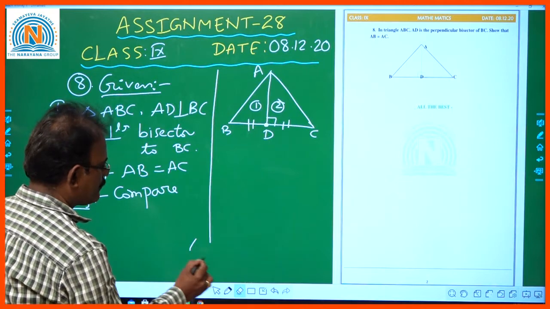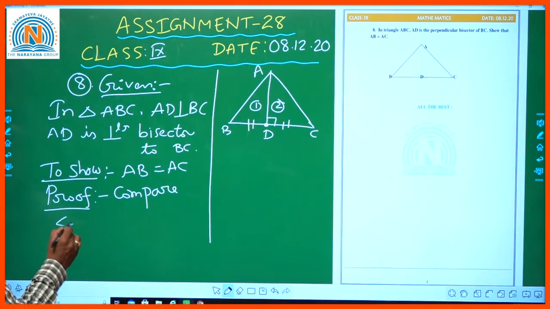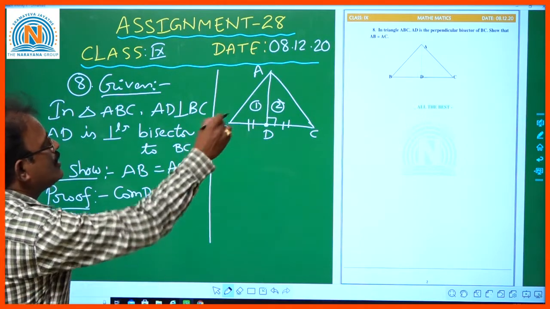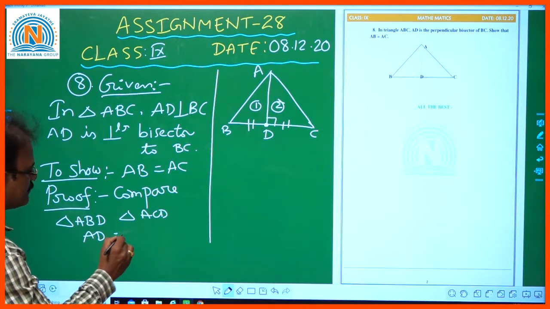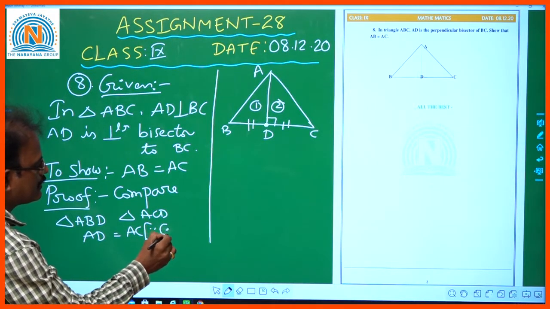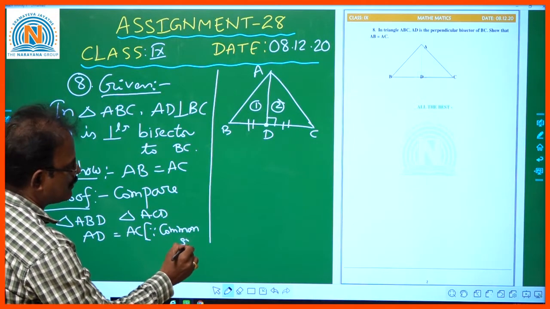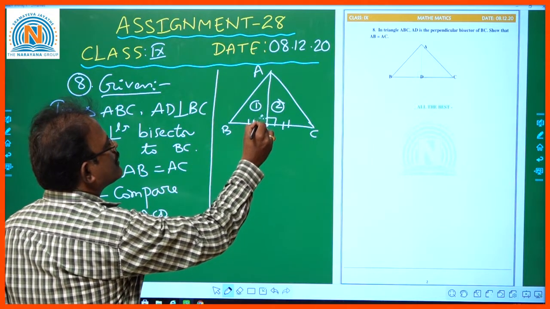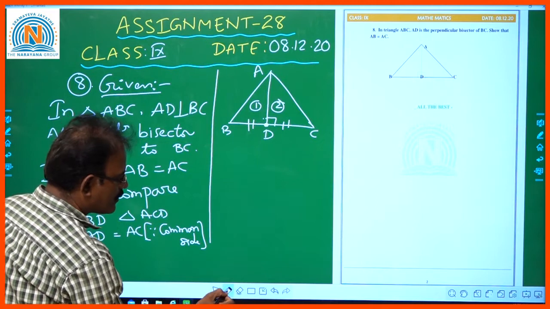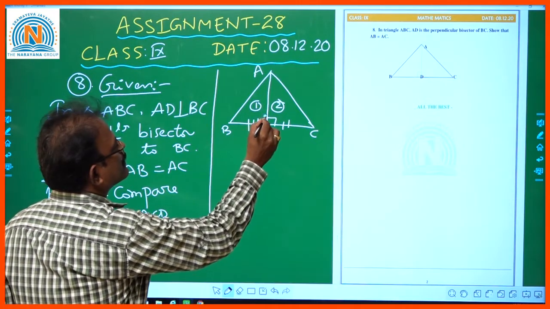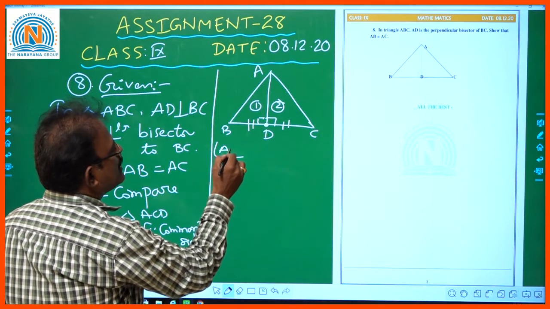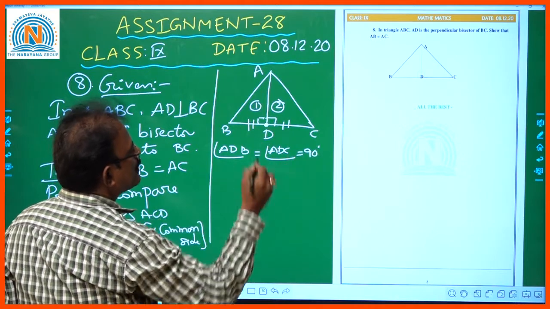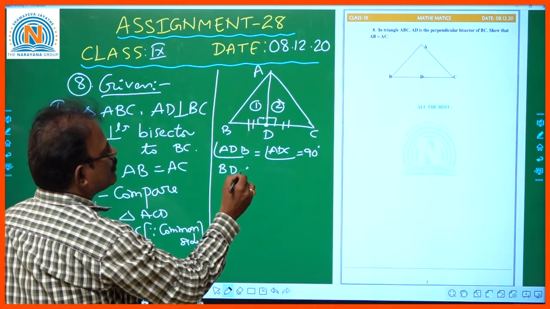Let us see. Triangle ABD, triangle ACD. So, AD is equal to AD, since it is a common side. Okay, children. And then this is 90, because AD is a perpendicular bisector, and from the concept of linear pair, the other is also 90. So angle ADB is equal to angle ADC is equal to 90 degrees. Okay, and BD is equal to DC.